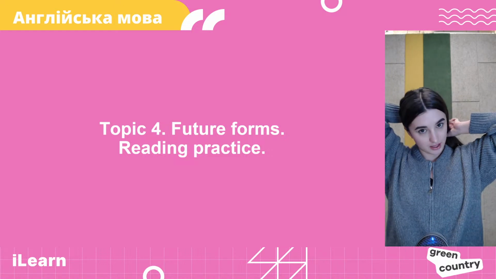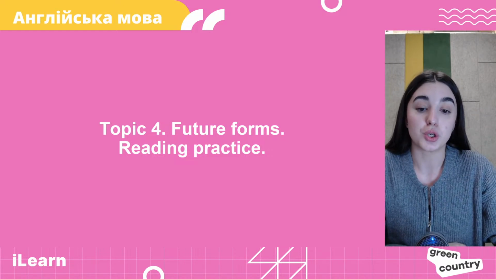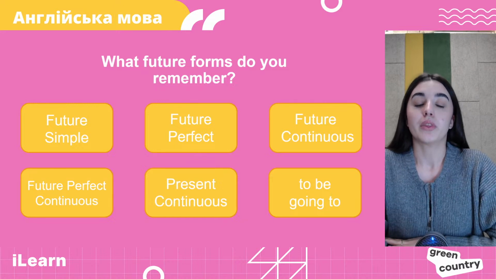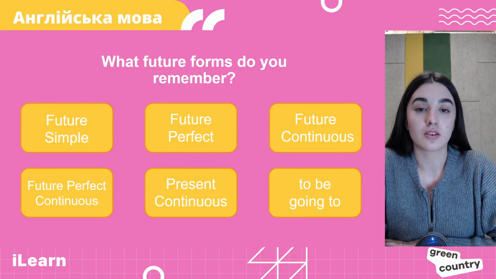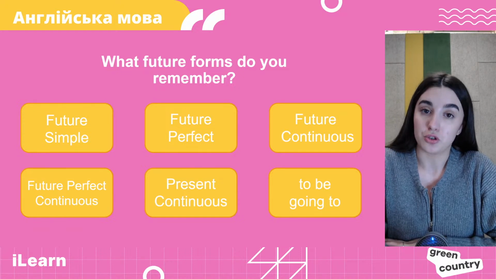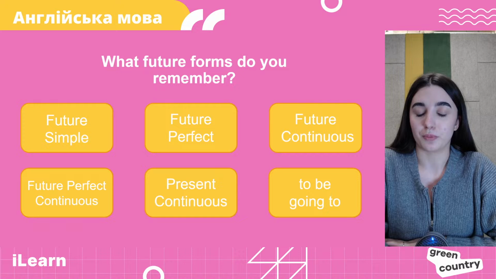And let's see what future forms we have. So here we have future simple, future perfect continuous, future perfect, present continuous, future continuous, and to be going to.